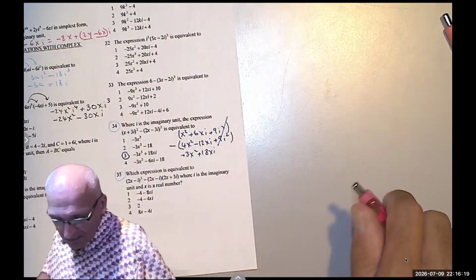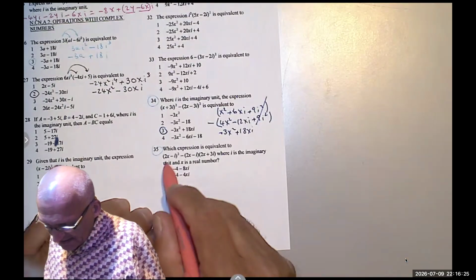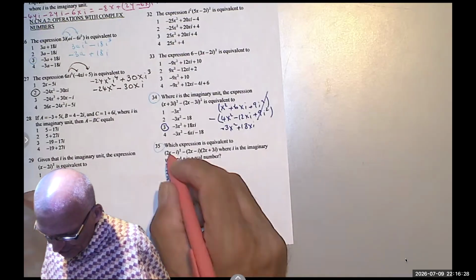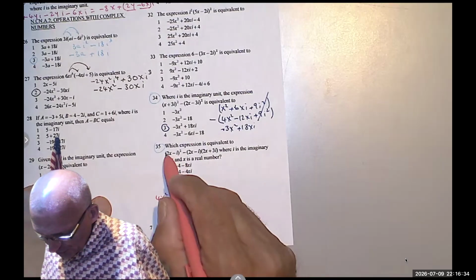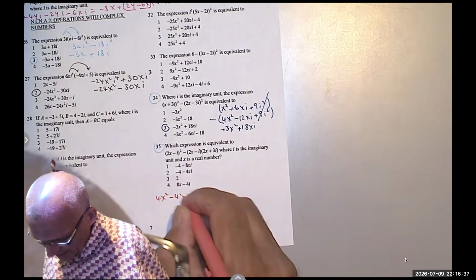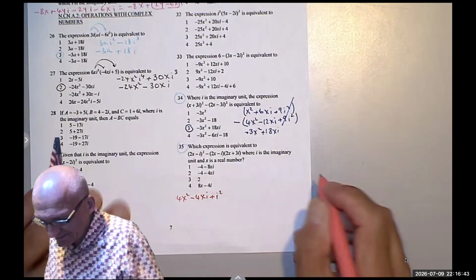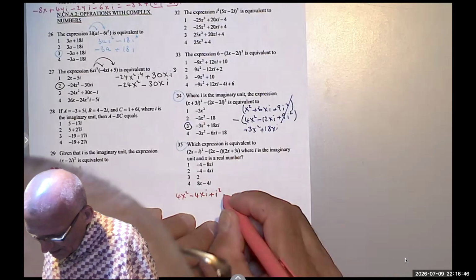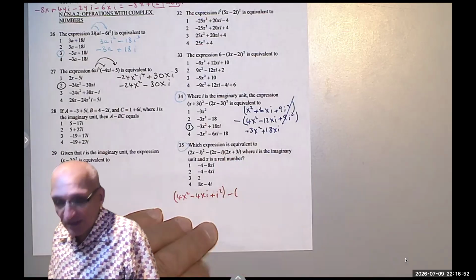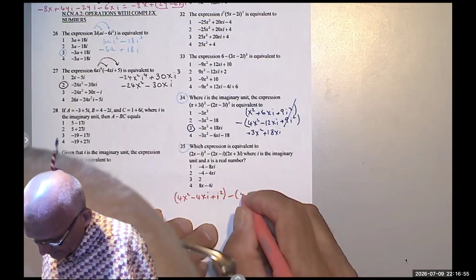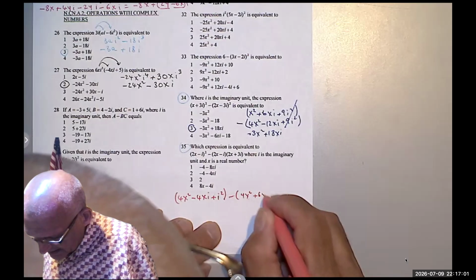Finally, we have another expression. Let's expand it. (2x minus i) squared: 2x squared means 4x squared, minus 2xi times 2, so minus 4xi. Negative i times negative i is positive i squared. Minus. And then here I have to FOIL. 2x times 2x is 4x squared. 2x times 3i is 6xi.